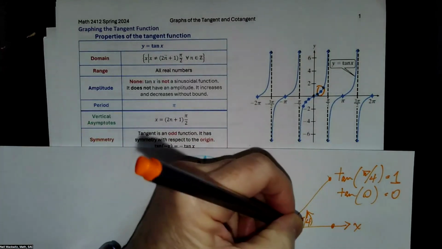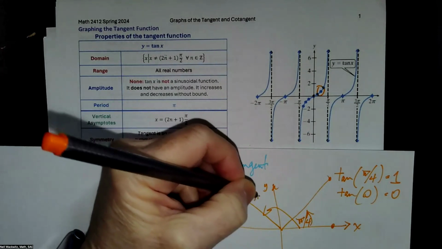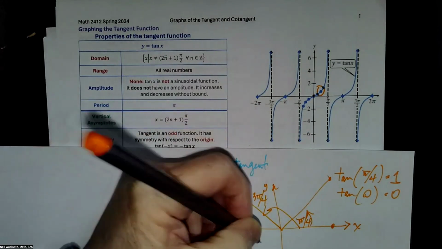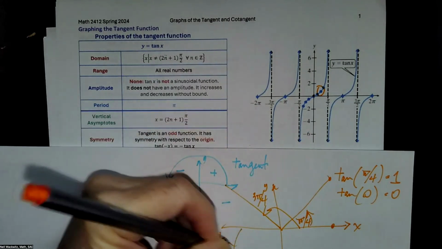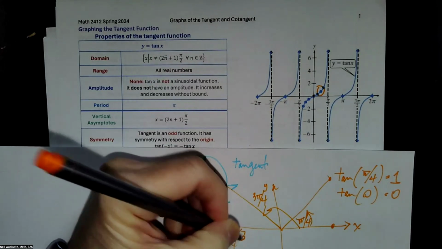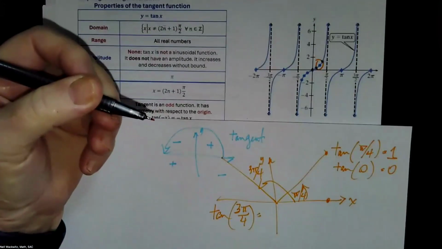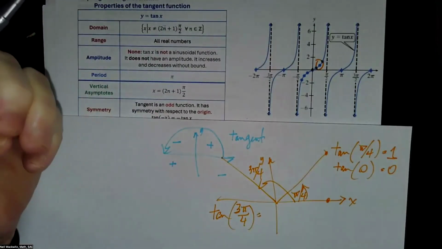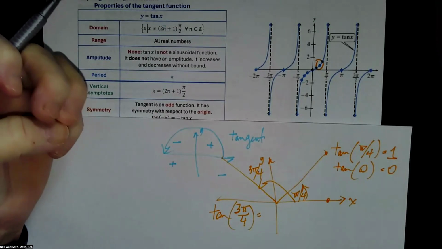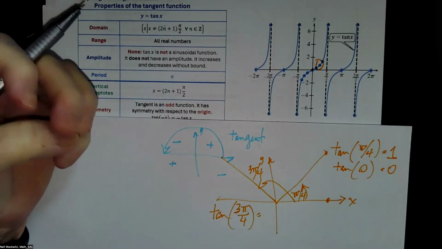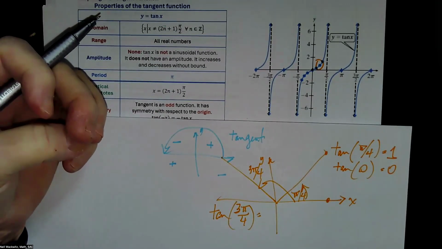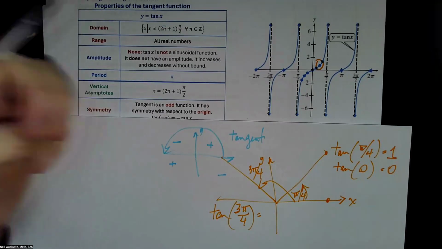Also, we know that the tangent of 3 pi over 4 is, what is the tangent of 3 pi over 4? Undefined. It's defined.